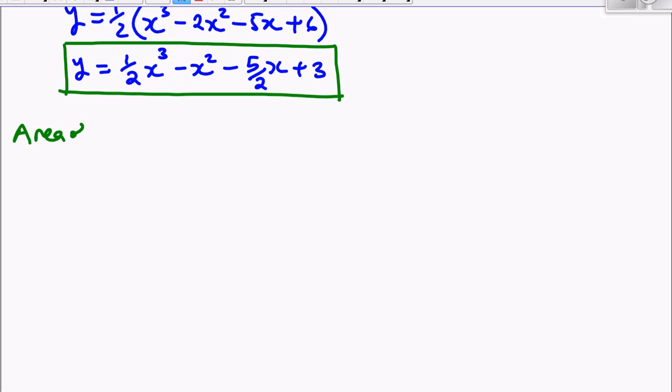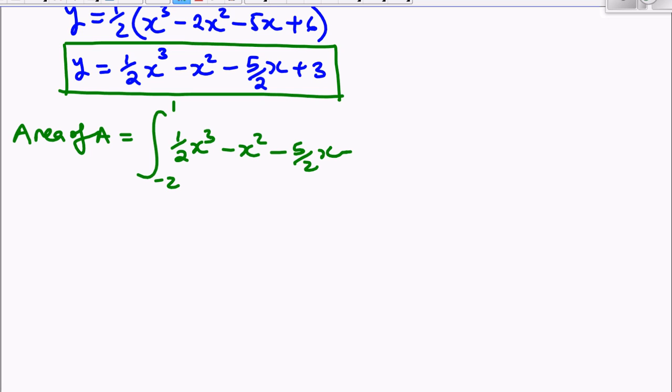So the area of A will be, now the limits for A are negative 2 to 1. Then you have the function minus x squared minus 5 over 2 x plus 3.